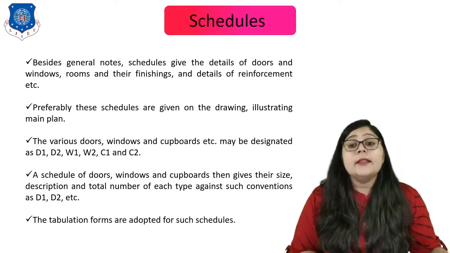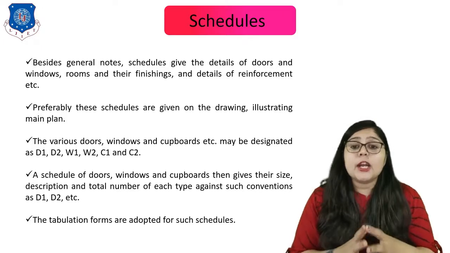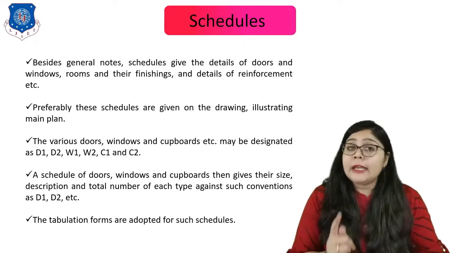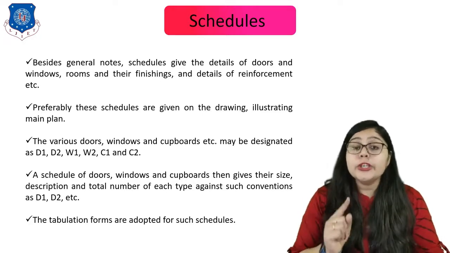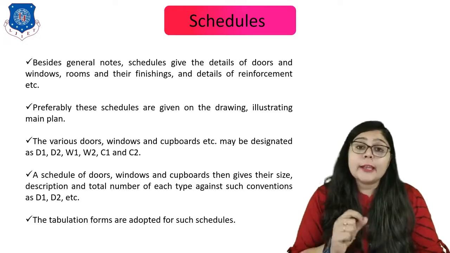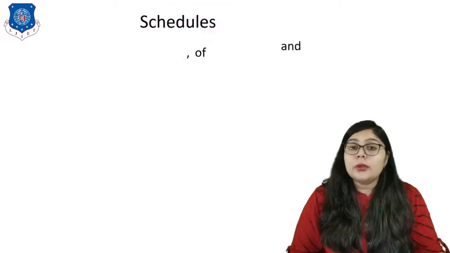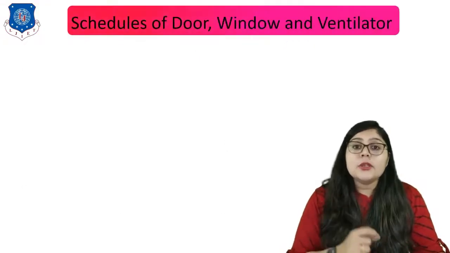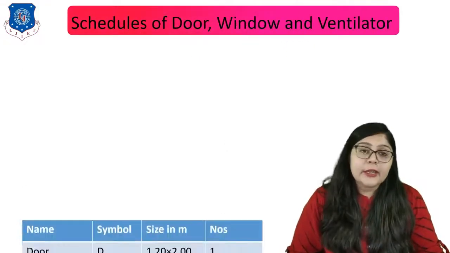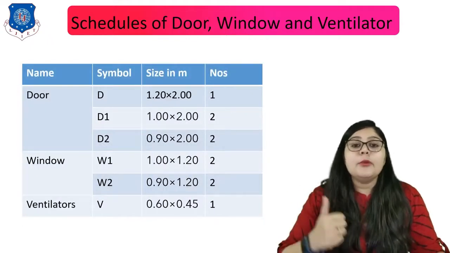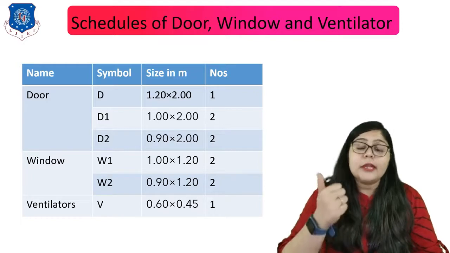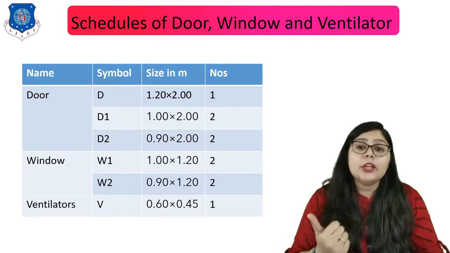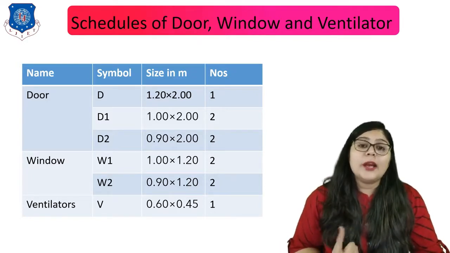Here you can see that tabulation forms are adopted for such schedules, which you will see when we talk about the building drawings, how the schedules are prepared and what the importance of schedules is. So let us discuss these schedules of doors, windows and ventilation. Here you can see the tabular form where, as I said, for the door, window and ventilation, symbols like D, D1, D2, W1, W2 and V are there.